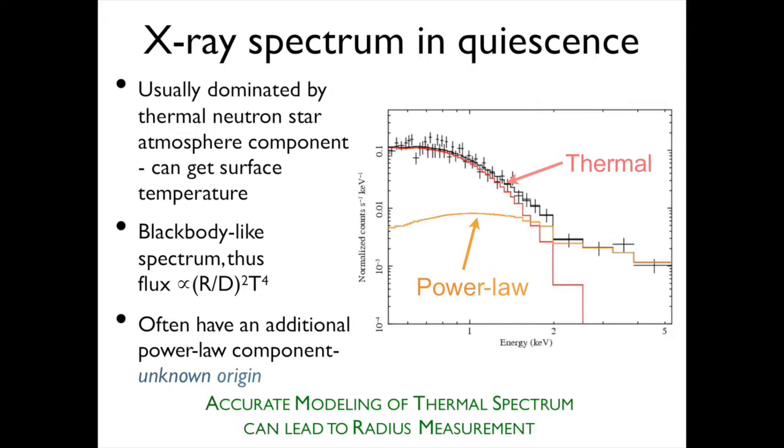But it behaves just like a black body, and by modeling it, you can actually get a radius measurement for these objects. If you have a high enough signal to noise, you could even get joint mass radius constraints too. People have looked at trying to do this in the future with much higher collecting area X-ray telescopes than we currently have. So these are a very promising place to study to be able to get mass radius constraints on neutron stars.